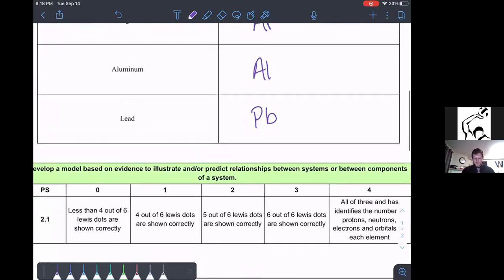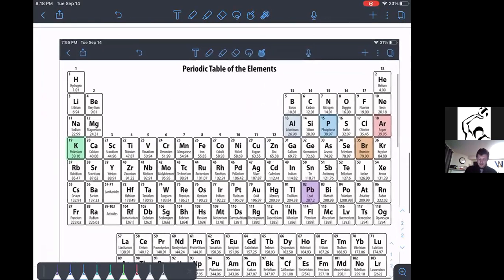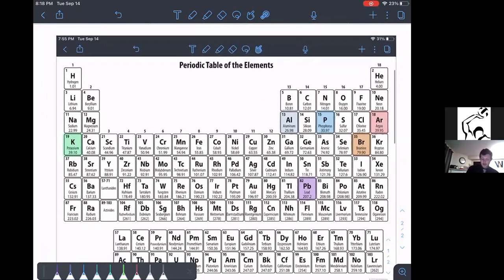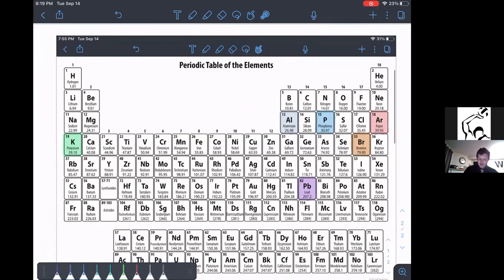Bromine. If we look at bromine, bromine's way down here. Bromine is in row 4, just like potassium. So if we go to row 4, we're going to go to 1, 2. Remember, we skip all of these guys. These guys do not help us with our valence electrons. So we skipped all those guys.